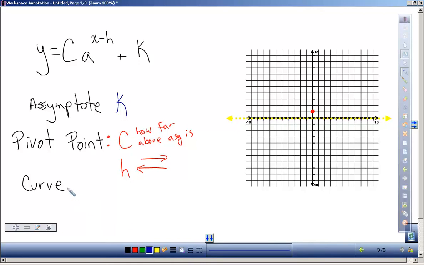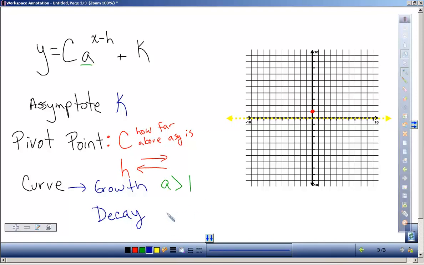The last part of the graph is the actual curve of the graph itself. And for the curve, we need to know whether it is growth or decay, because growth is getting bigger, decay is getting smaller. And the thing that's going to tell us whether it's growth or decay is going to actually be A. All right?